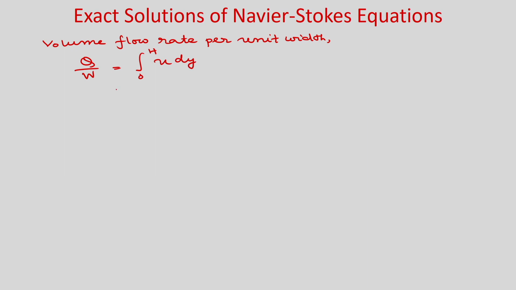Okay. So, we know the velocity profile. So, if you integrate it and put the limits, you will get 1 by mu rho g h cube by 2 minus h cube by 6 after integration and putting the limits, minus tau naught h square by 2.